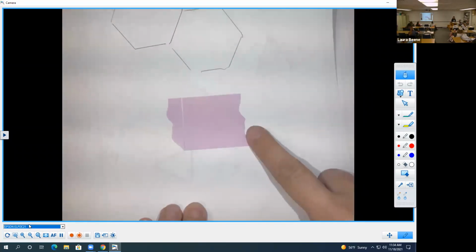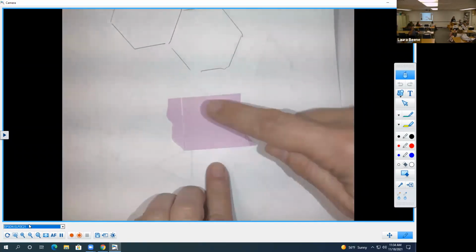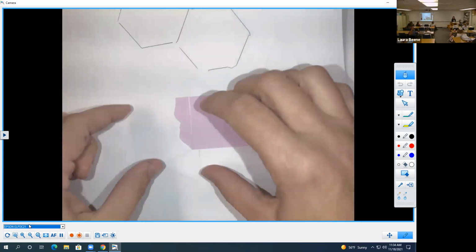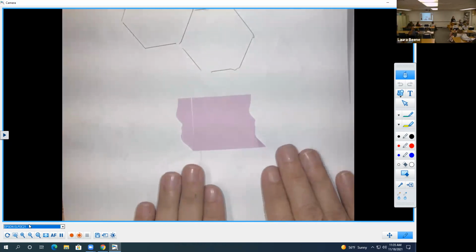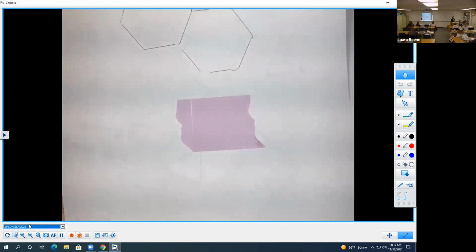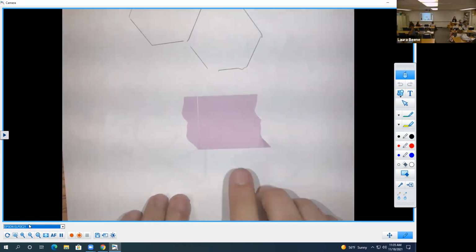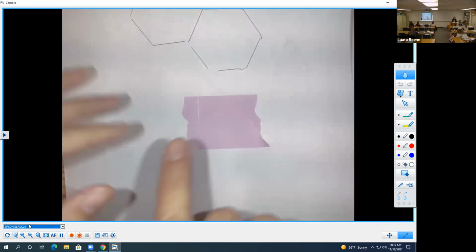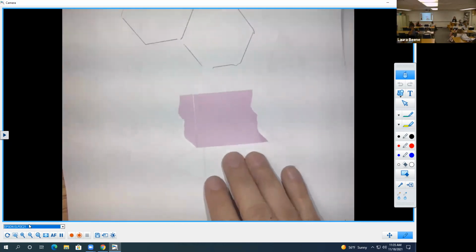Doesn't this part match that part? Yeah, because I cut it off. You could do it on the top and on the side and have this shape, and then trace this and pick it up and move it and trace it. An index card would be better because it's harder to work with, and you tape it together. So you can make tessellations that way and color them different and all sorts of things. So that's an application of transformations.